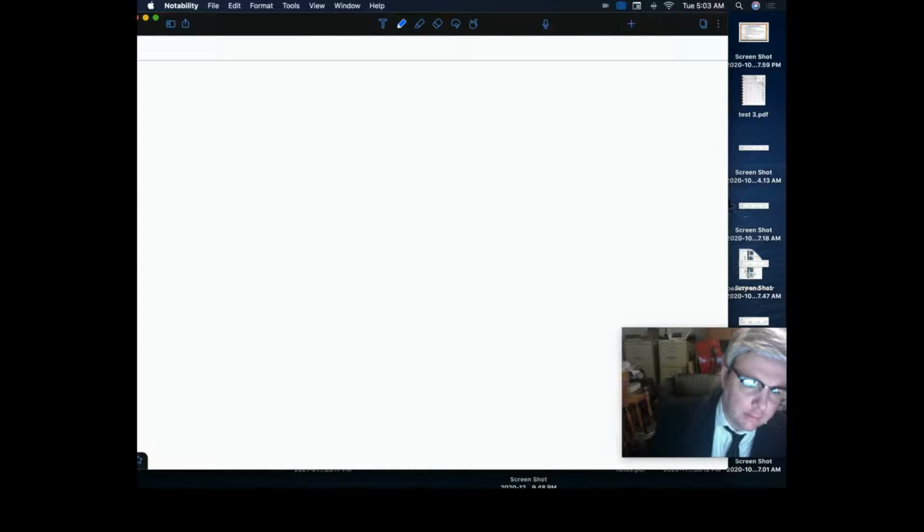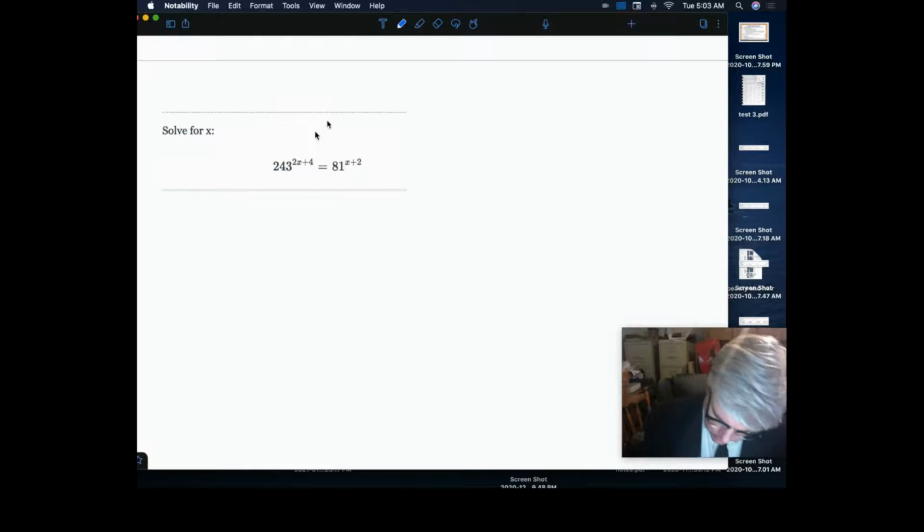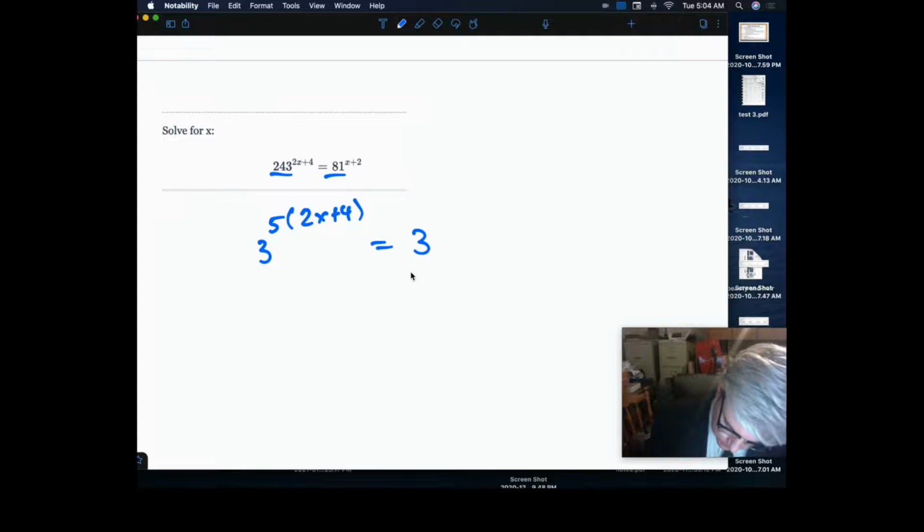All right, next up, we got this. Again, the goal is to get these to have the same base. They can both be written as 3, so this is 3 to the 5th times 2x plus 4 equals 3 to the 4th times x plus 2.